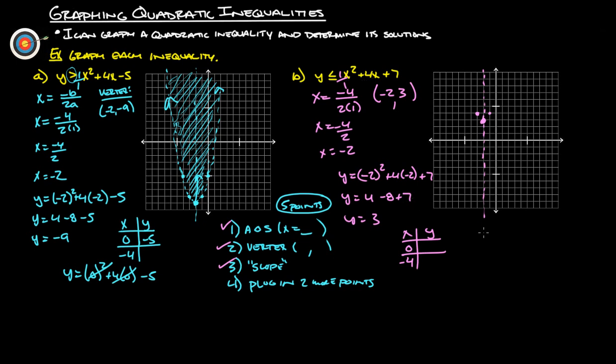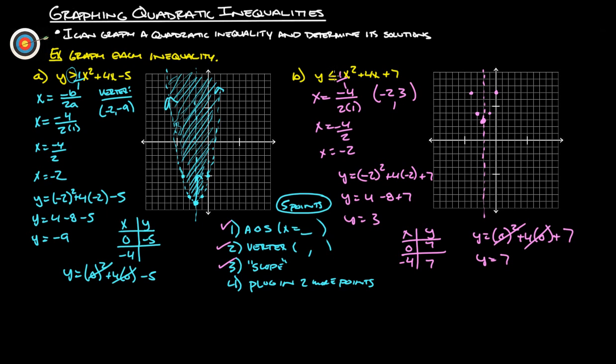So if we plug in 0, we get y equals 0 squared plus 4 times 0 plus 7. Those, again, cancel out, and we just get that y equals 7. Okay, so that means at negative 4, it's also going to be 7. So here is 7. That's 2 away, so we go 2 over on the other side, mirror image it, and away we go. There's our 5 points.